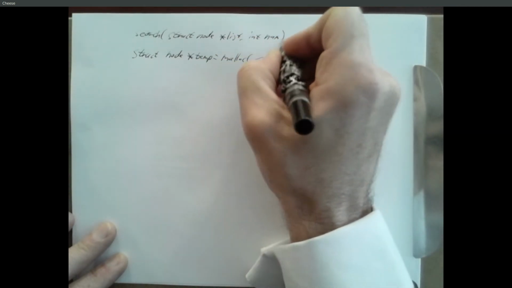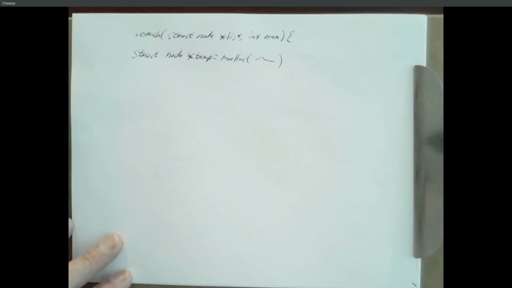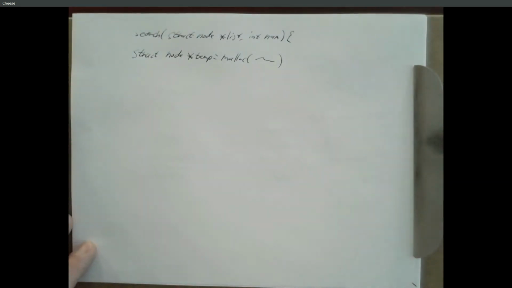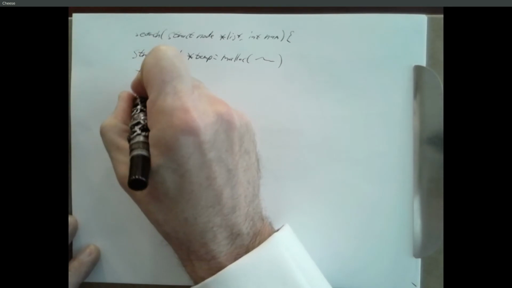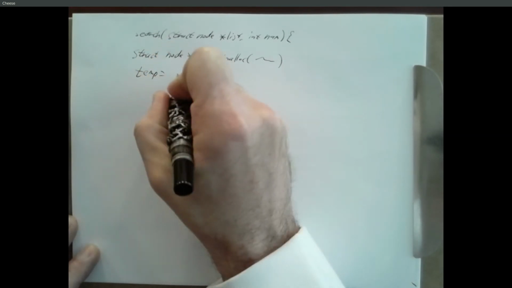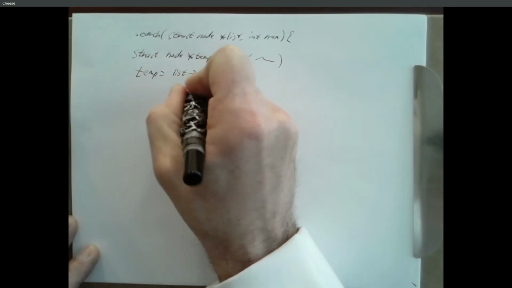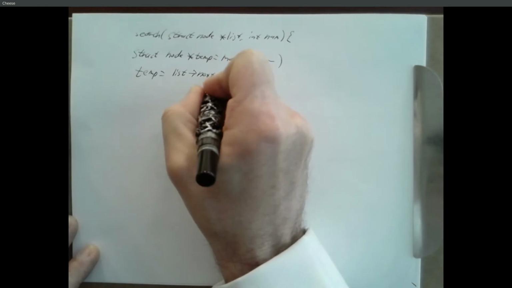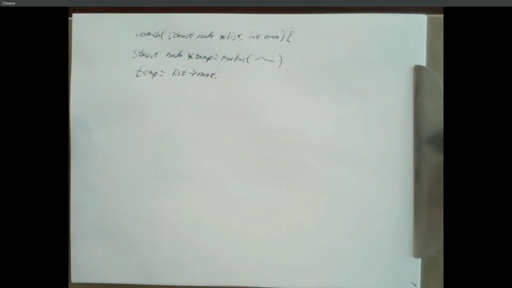You're searching for a number inside a list, and list is a pointer to the sentinel. I've seen code where someone says struct node star temp equals malloc blah blah blah, and then temp equals list arrow next. And right there you've got a memory leak, right?